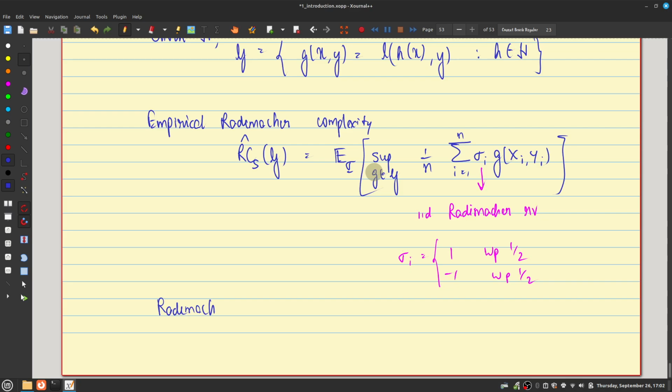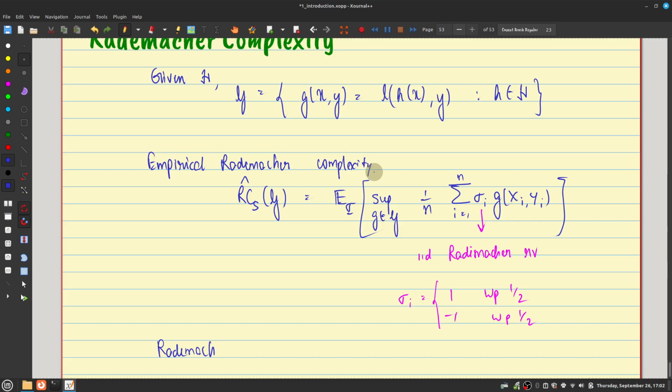Without the sigma, this would just be the empirical risk. But I'm just introducing this sigma i artificially. So it's not really the empirical risk, but I'm also randomly subtracting some of the losses.